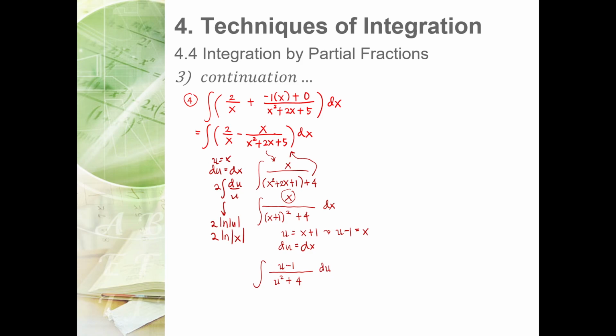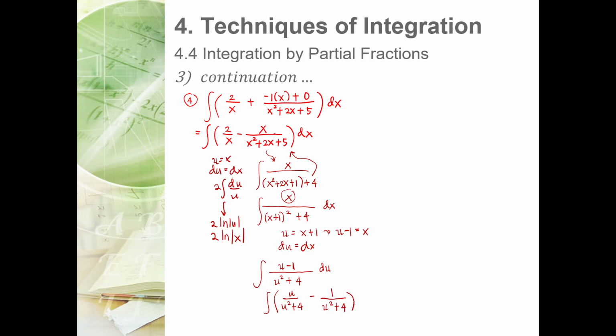Okay, since we have two terms in the numerator, we can separate them into two terms. What they mean by this is we can have u all over u squared plus 4, minus 1 all over u squared plus 4, diba?